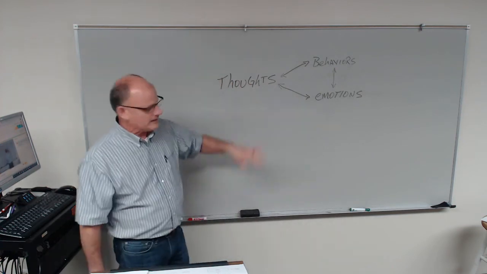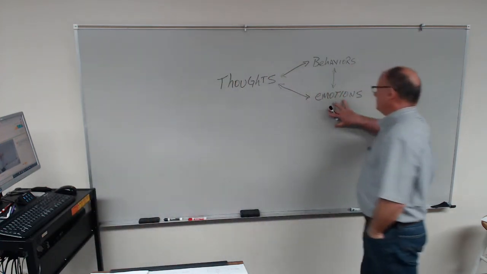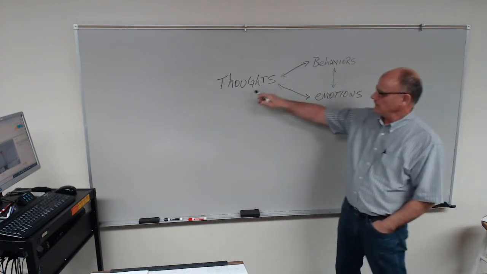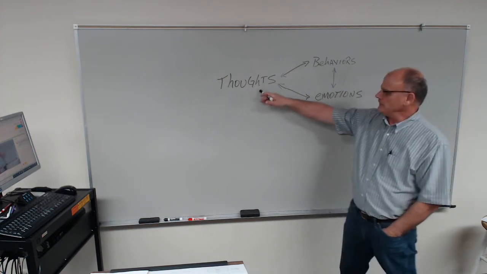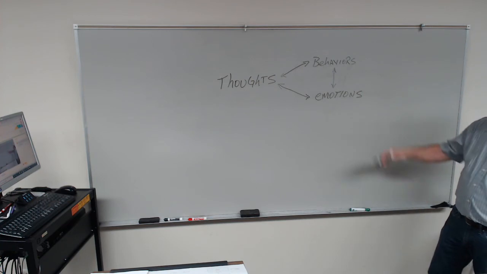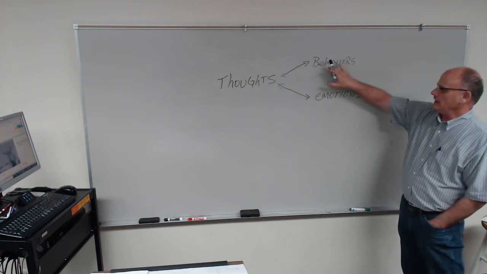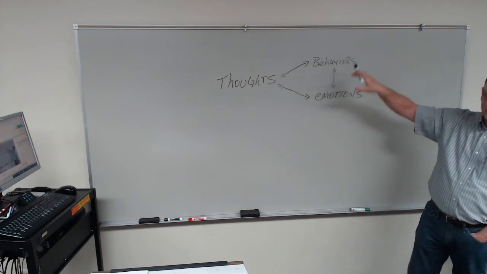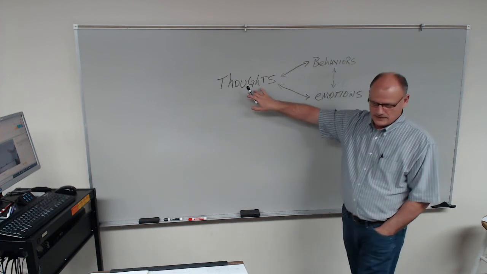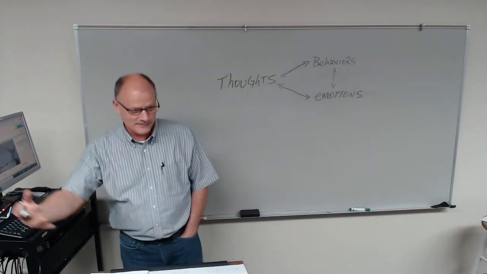The interesting thing is sometimes when we think about marriage itself, we're caught up in emotions, and the emotions are going to translate over into our thoughts, and those thoughts are going to become our behaviors, and our behaviors are going to come down to our emotions. Or it might be going the other way. Our emotions are going to have an impact on our behaviors. We're going to do things based upon our emotions, and then we might think about it later. Okay? Didn't really mean to say it that way, but it kind of came out that way.